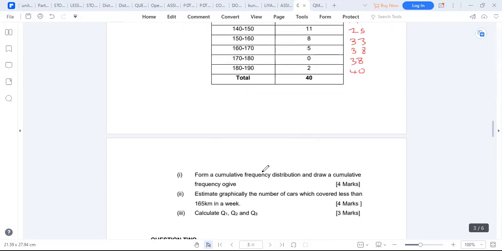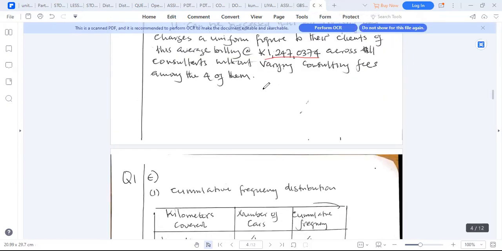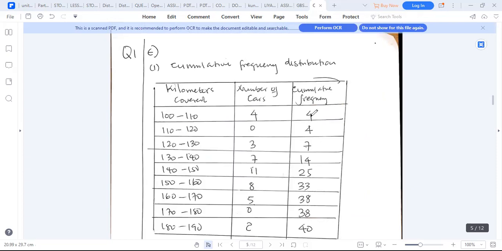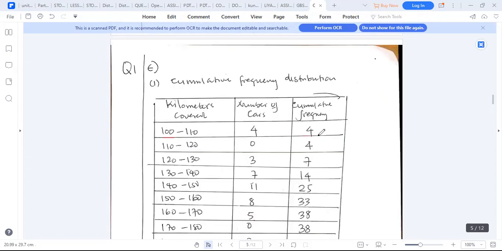So the question is asking us to come up with the cumulative frequency distribution and to draw the ogive for the cumulative frequency. You can use any bounds, the lower bound or the upper bound, to match this. So we can say 100 against 4, 110 against 4, 120 against 7, 130 against 14, 140 against 25, 150 against 33.